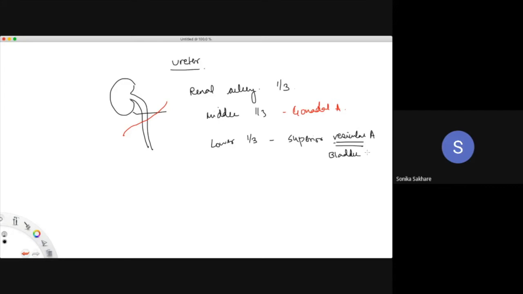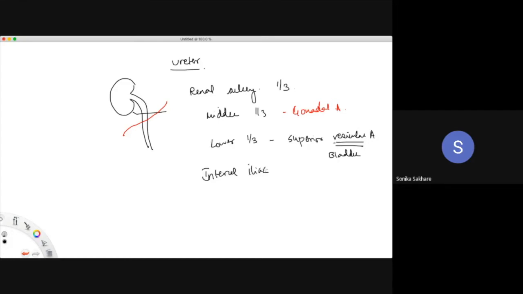Okay, superior vesical artery. And it is supplied by a number of tiny branches from many other arteries, like for example, the inferior vesical artery, the uterine artery in females, vaginal artery, middle rectal artery. These are all branches of the internal iliac vessel.